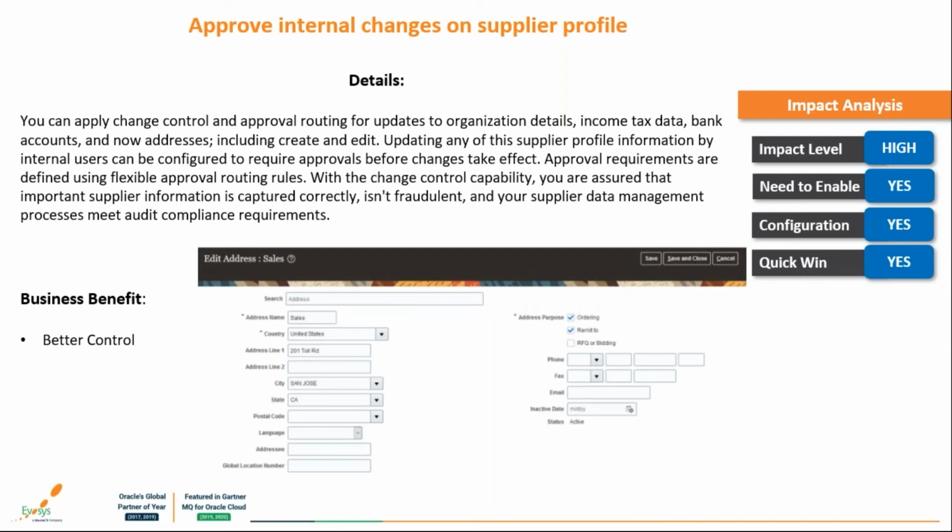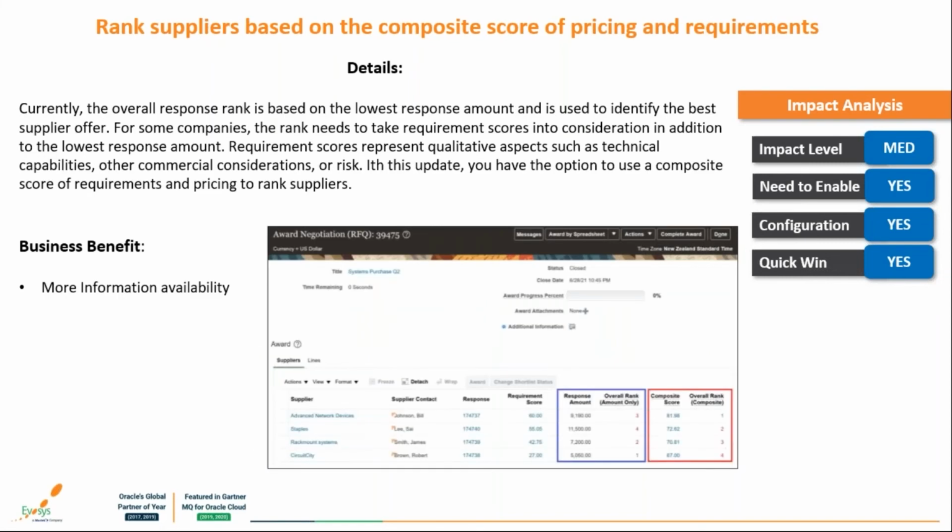The next feature is rank suppliers based on the composite score of pricing and requirements. Many companies evaluate and shortlist suppliers not just based on the best pricing offered, but also on how well they meet requirements. The total response rank is currently determined by the lowest response quantity and is used to assign the best supplier offer.